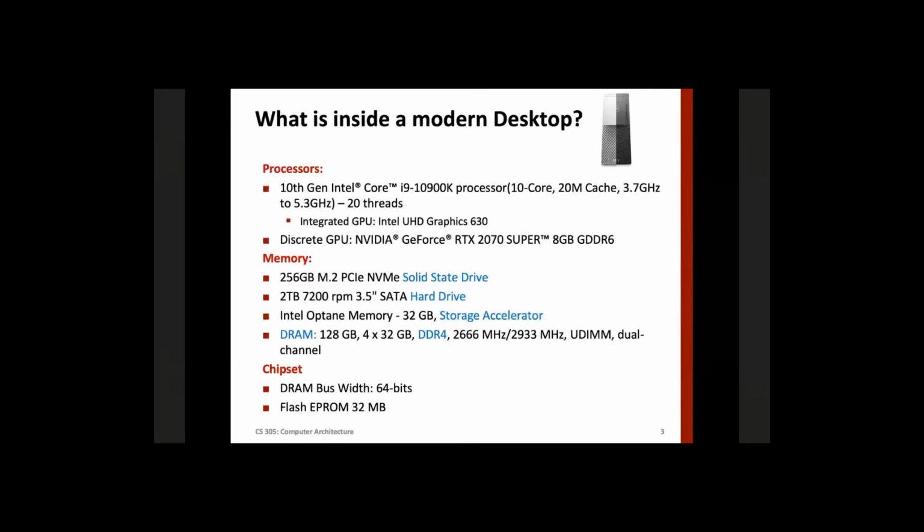AMD and Intel's are very similar, right? Because the specs are the same. AMD is a different company, but the ISA, or instruction set architecture, etc., is exactly the same. So these are the two processors.